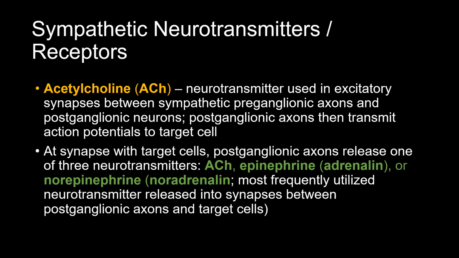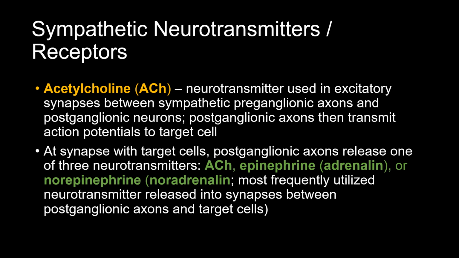So first off, the sympathetic preganglionic axon is going to communicate with the postganglionic neuron by way of using an excitatory synapse and the neurotransmitter acetylcholine. And so this is the same neurotransmitter that is released by somatic motor neurons, as you guys already learned from the muscle tissue chapter.